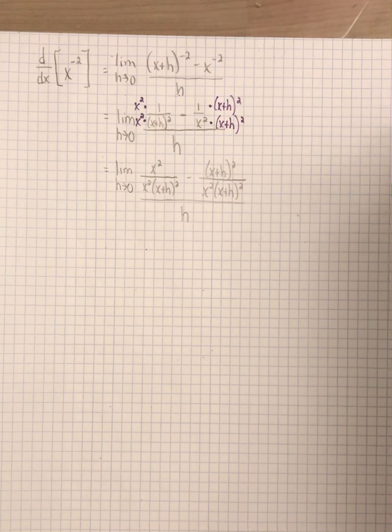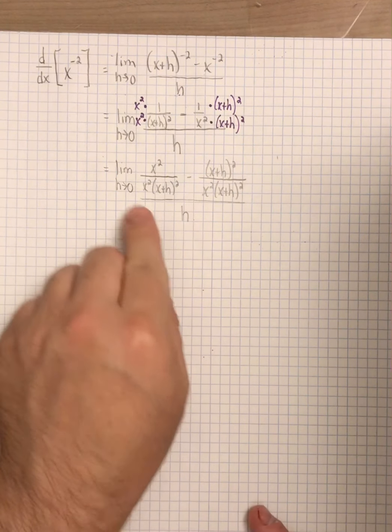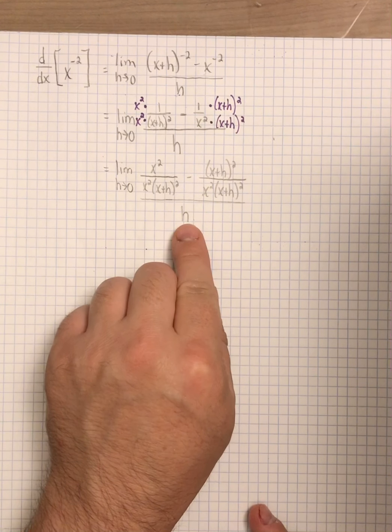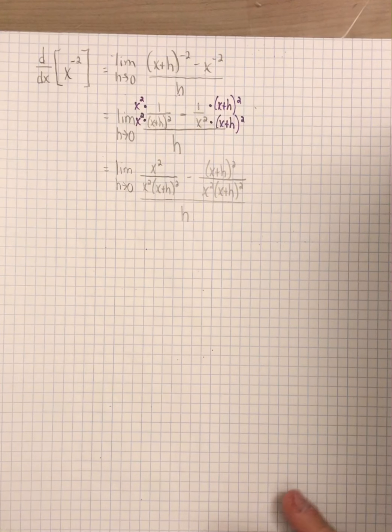This looks horrifying, yes, but if we only focus on the parts we need to at the moment, yes, this is a large complex fraction, but this h in the big denominator is not something we need to be worried about at this point. We're writing it, yes, but it's not involved yet.